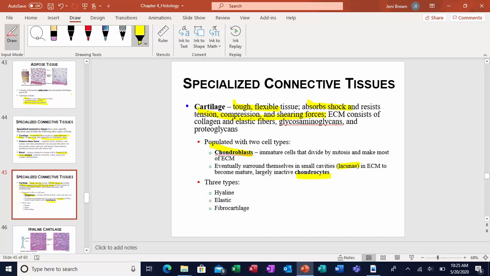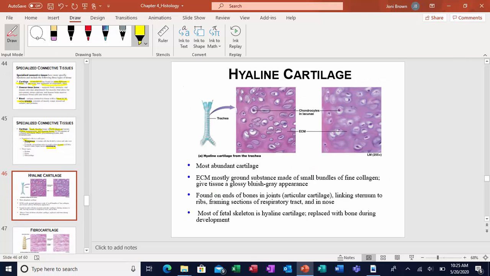There's three types. There's hyaline cartilage, elastic cartilage, and fibrocartilage. Hyaline cartilage is the most abundant. And when you look at hyaline cartilage, you see the cells, the chondrocytes in the lacunae. Okay? You find these on the ends of bones in your joints. It attaches the sternum to the ribs, in your nose.